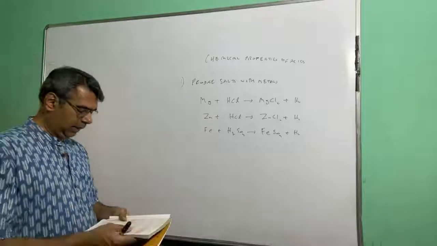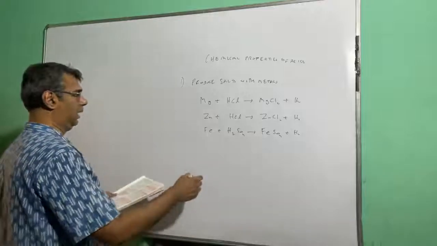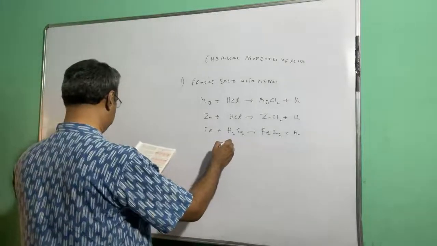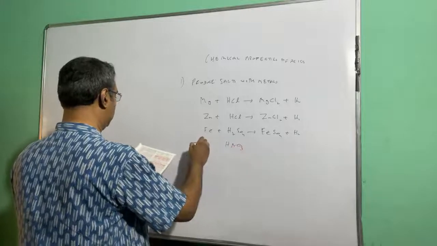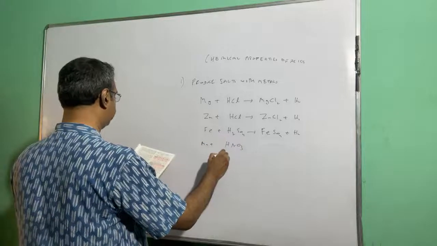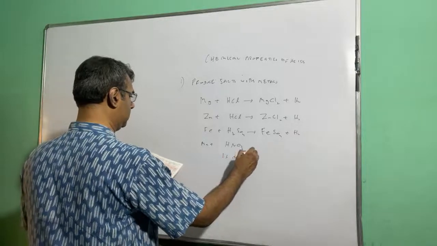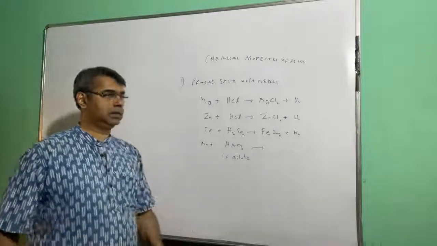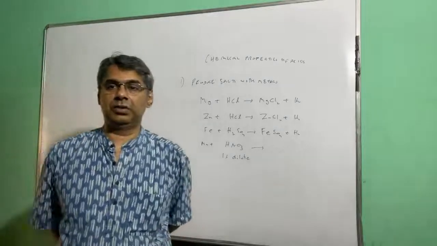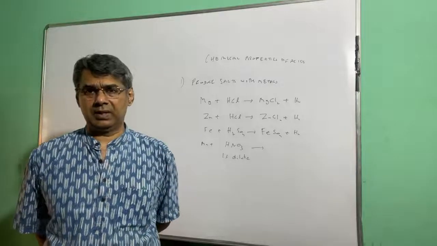The second thing is that in this reaction of acid with metal, there is a problem with nitric acid. Nitric acid is not only a good acid, it's a very strong oxidizing agent.